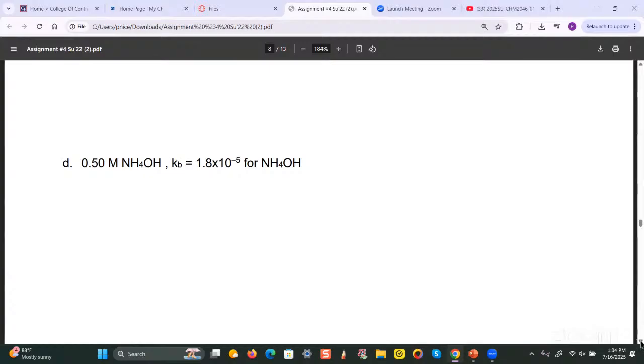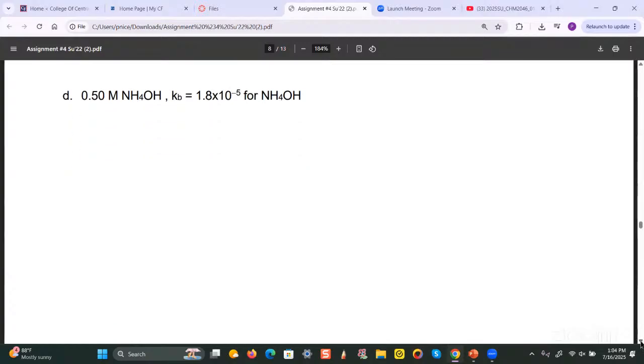So for this one, D, again, there are 2 reactions that you have to concern yourselves with. The first one is the dissociation. NH4OH dissociates to form NH4 plus plus OH minus, right?